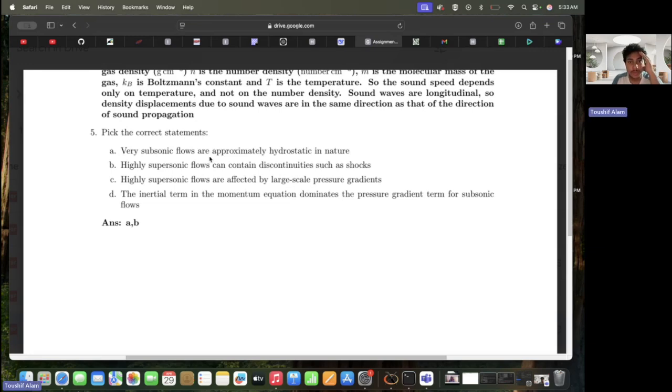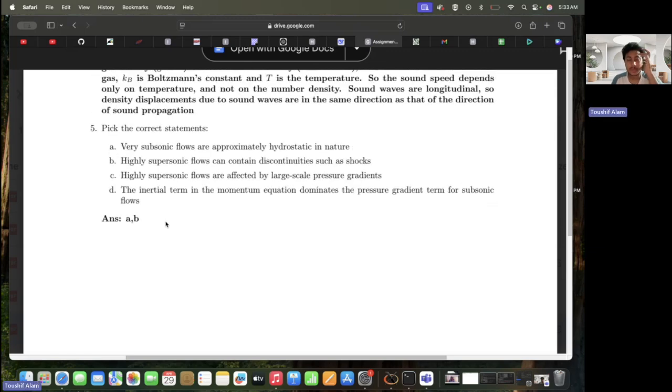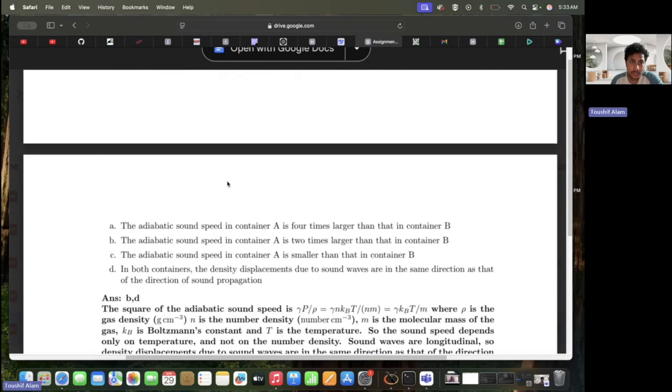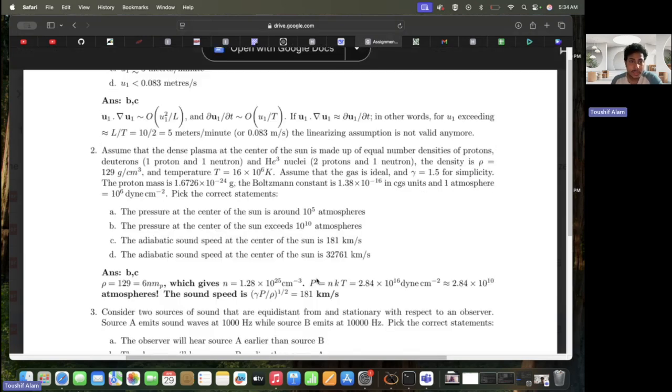So very subsonic flows are approximately hydrostatic in nature, and highly supersonic flows can contain discontinuities such as shocks. I think we have already come across terms like shock, so you'll understand this. They are very basic questions and equations. This is a very important thing: the density displacement due to sound waves is in the same direction as the direction of sound propagation. Please try to remember this.